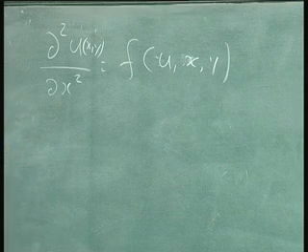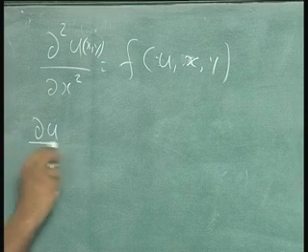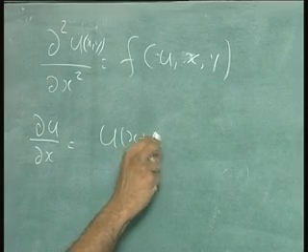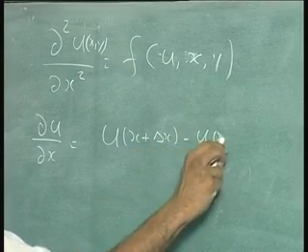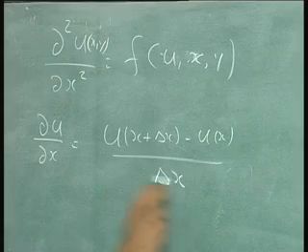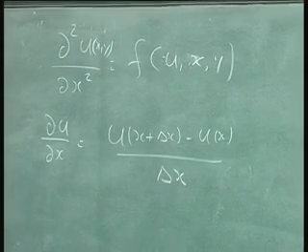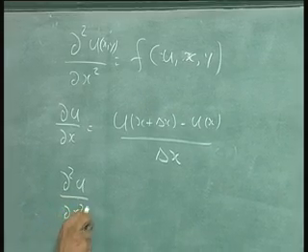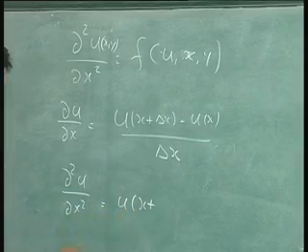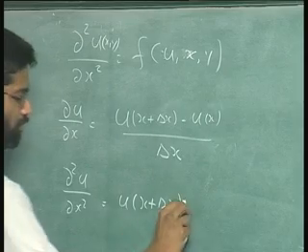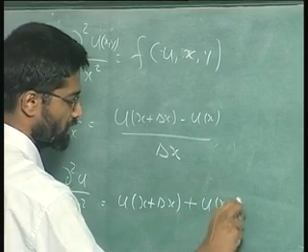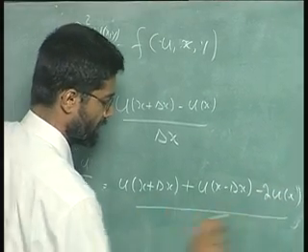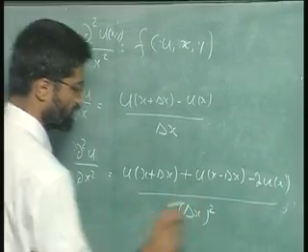That is, we would write del u by del x, for example, as u at x plus delta x minus u at x, divided by delta x. That will be a simple forward differencing scheme. Similarly, we could write del squared u by del x squared as u at x plus delta x, plus u at x minus delta x, minus 2u of x, divided by delta x squared. And similarly for y.